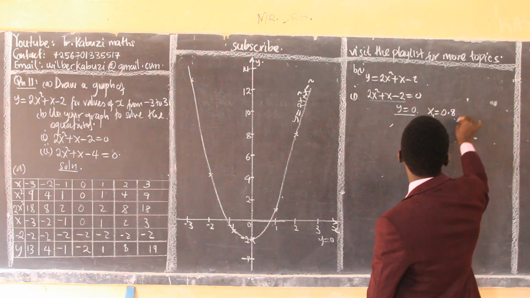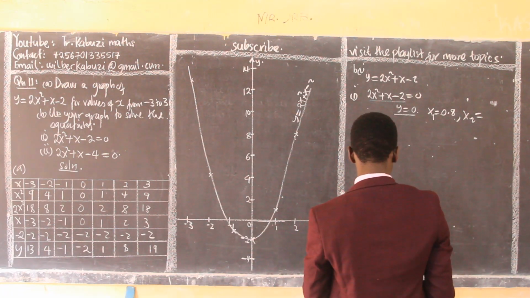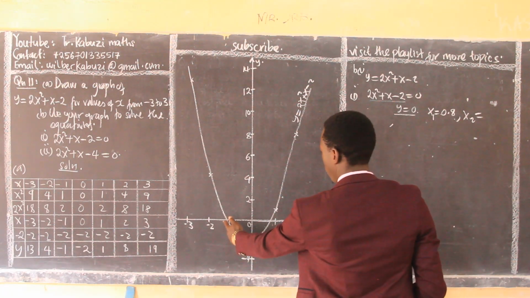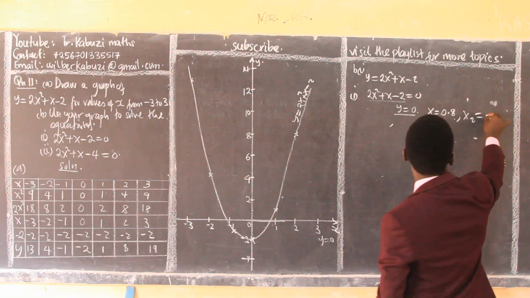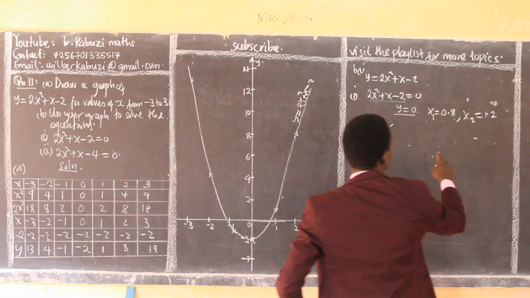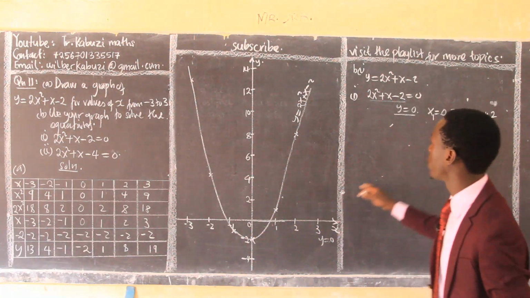Then my x2, the other value, which is here, is I think 1.3 or 1.2. So your actual values have to be close to that. Mine are not exact, but they have to be close.